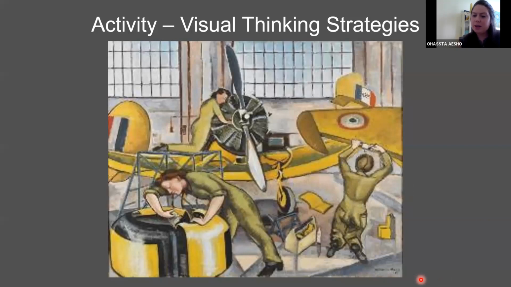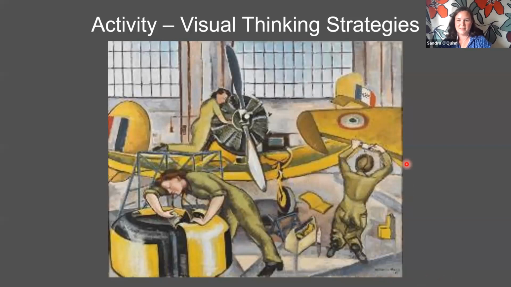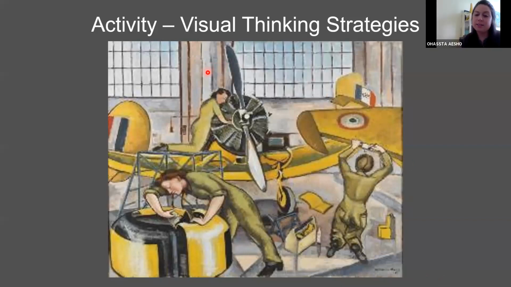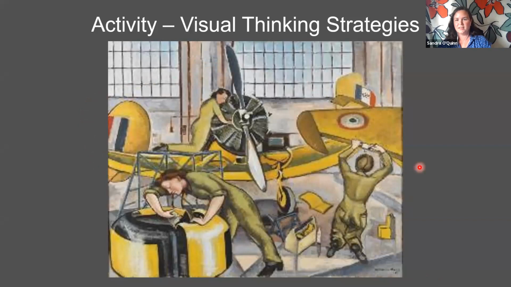Women building airplanes, no safety equipment. Okay, I see different jobs women worked. So people mentioning what types of jobs. French flag. Okay, so I think maybe you're noticing this flag over here in the corner. Interesting.